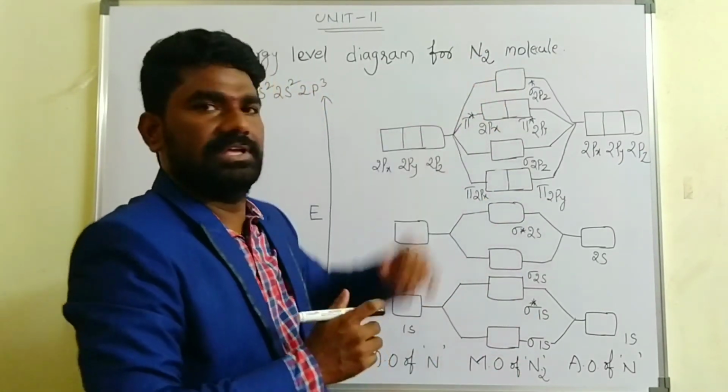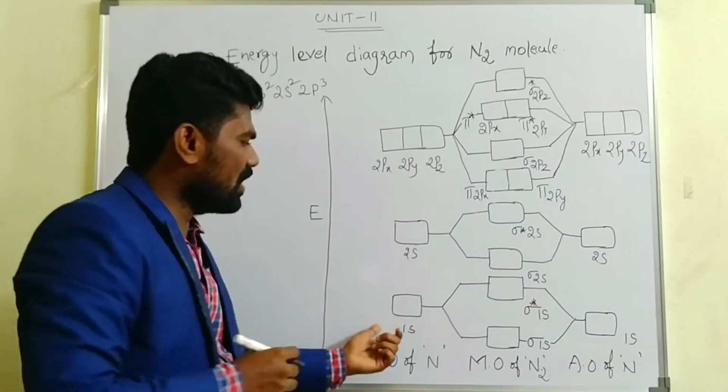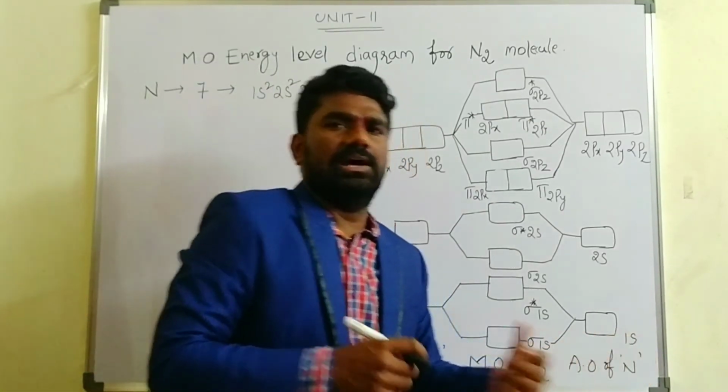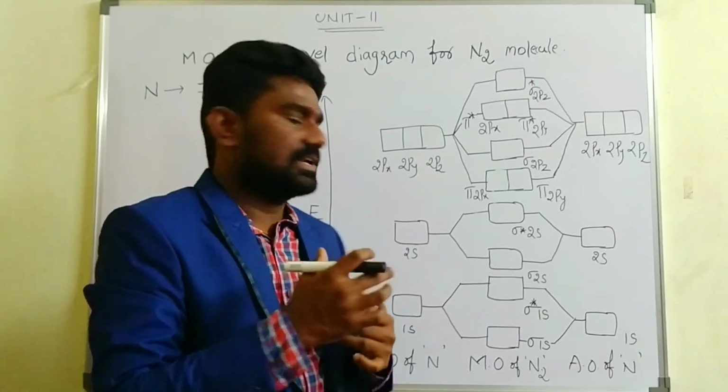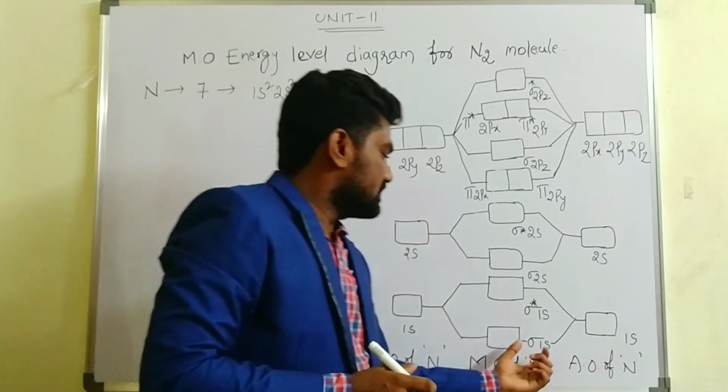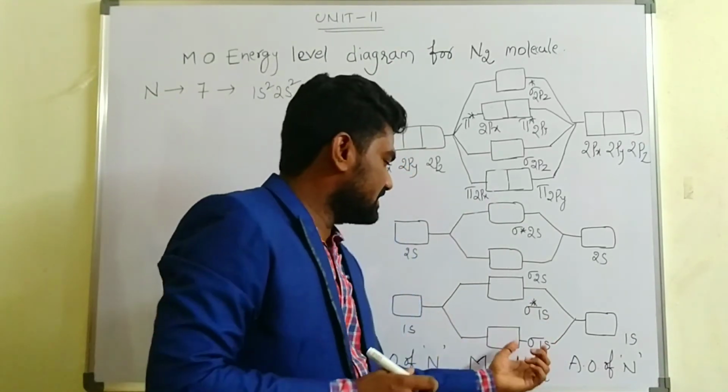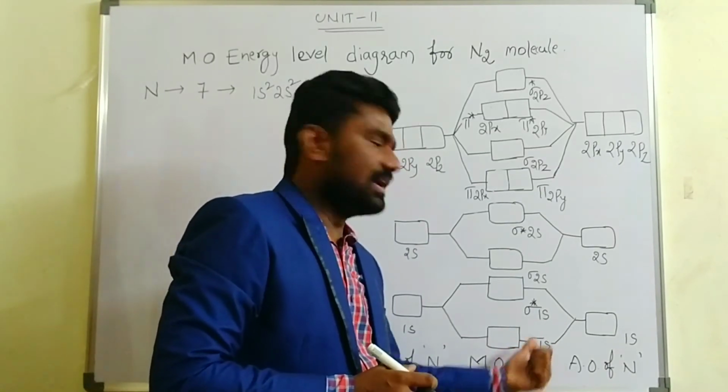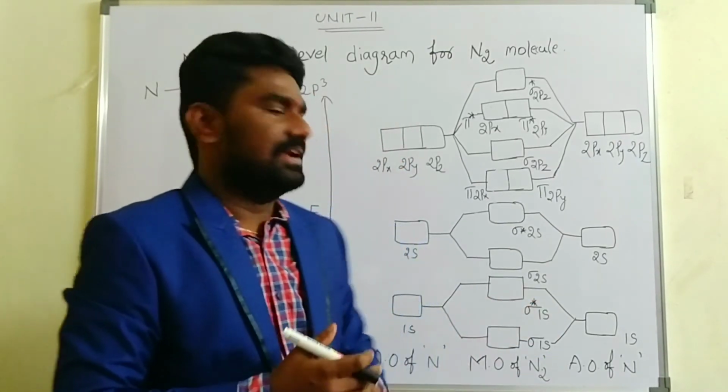This is the sequence. Okay, so the 1s and 1s of the 2 nitrogen atoms come together and form sigma 1s and sigma star 1s, that is the bonding molecular orbital and anti-bonding molecular orbital of the nitrogen molecule.